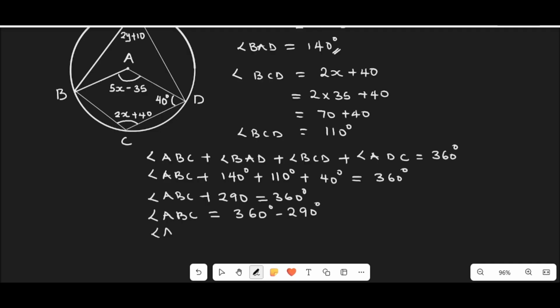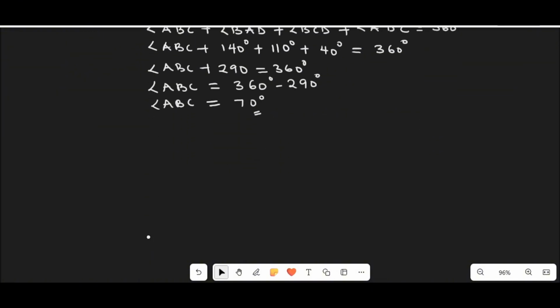So angle ABC equals 70 degrees. Our answers are x equals 35, y equals 30, and angle ABC equals 70 degrees.